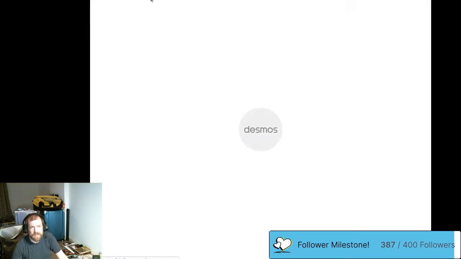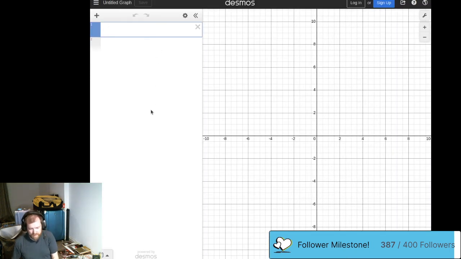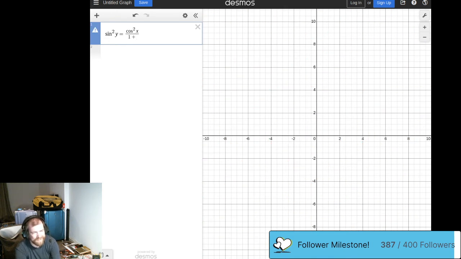Alright, so let's try this out. Let's see what kind of answer we get. So this is going to be sine squared of y equals the fraction cosine squared of x over 1 plus c cosine squared of x. Add a slider for c, yes please.